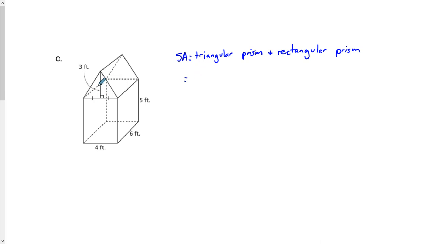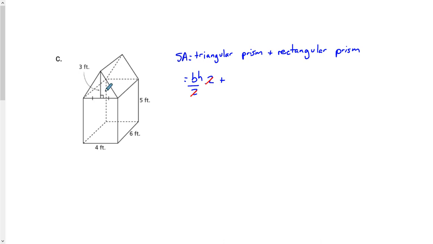So we have to use our common sense and identify the things that we can actually do. For example, we have two triangles. So base times height divided by 2, multiplied by 2. Again, I say that you need to be showing this. You need to show that you know how to find out the area of a triangle and you know that you're multiplying it by 2. Now we have two rectangles on this triangular prism.